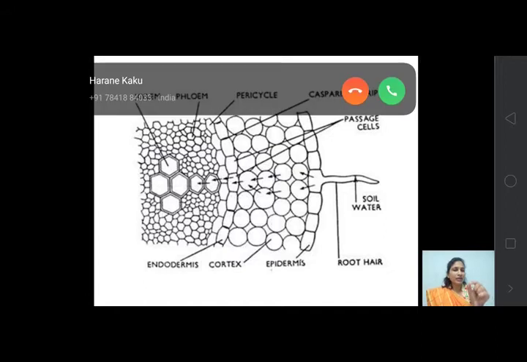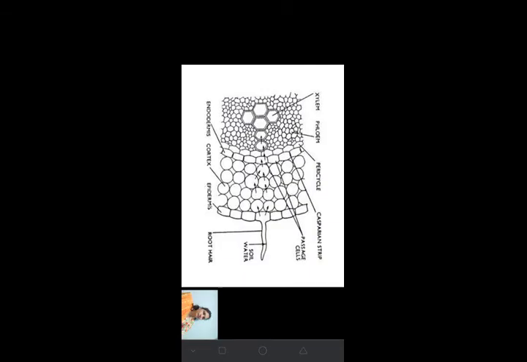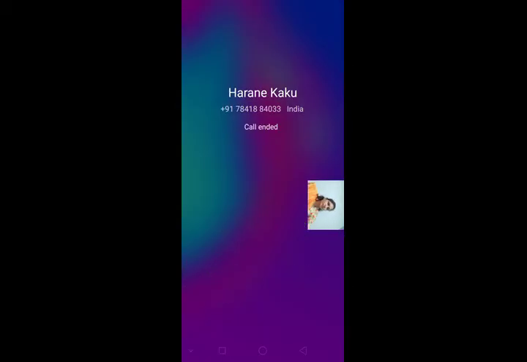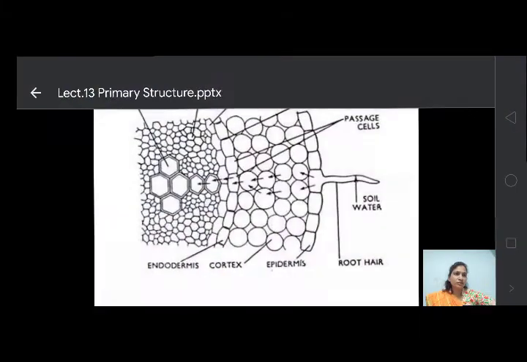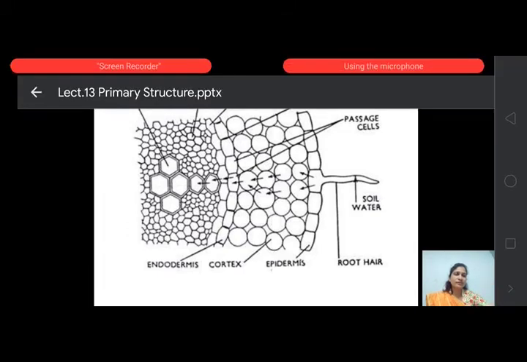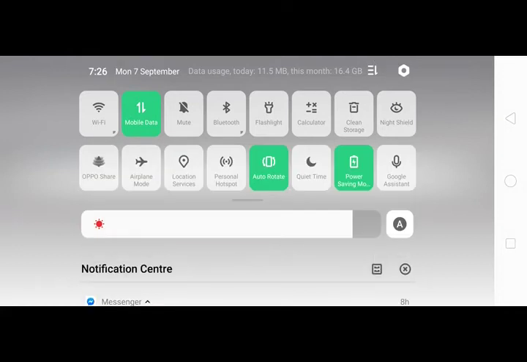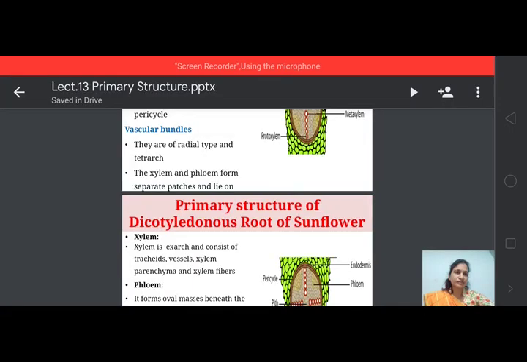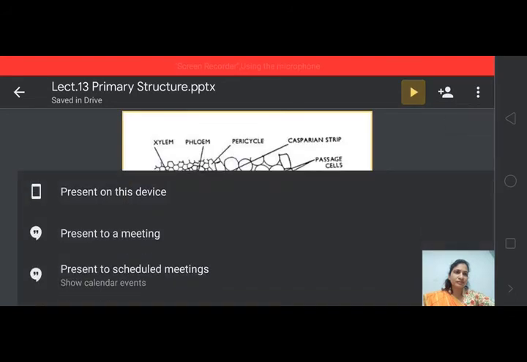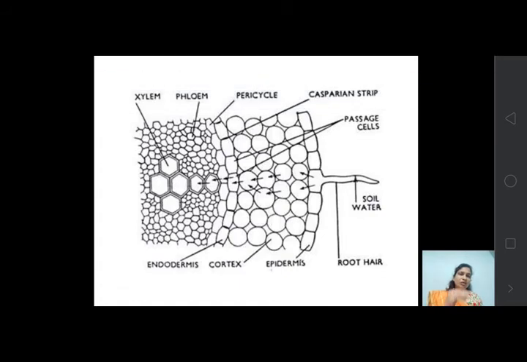Now ultimately this cortex region is connected to the endodermis.